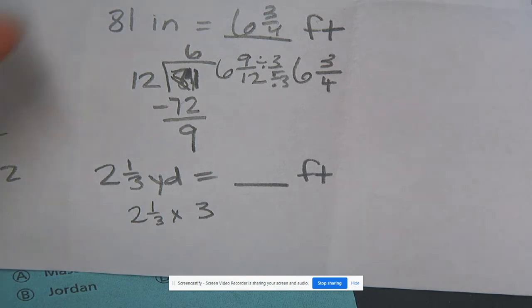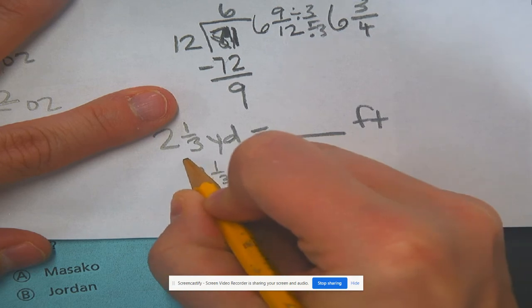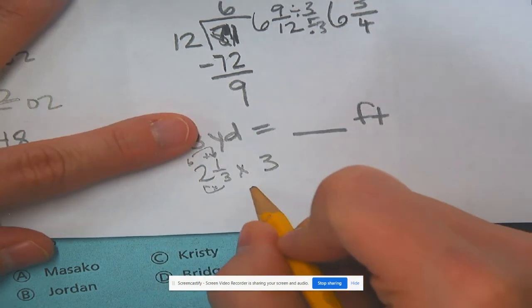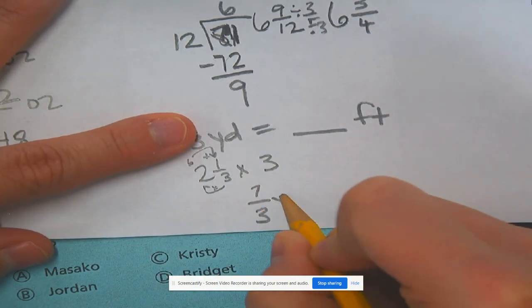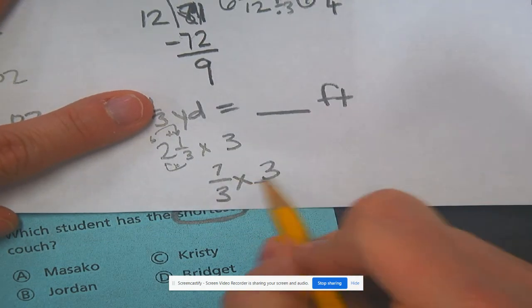Okay, what's 2 and 1/3 as an improper fraction? Yep, because 2 times 3 is 6 plus 1 is 7/3. Times 3 now. What do I do? Put it over 1.